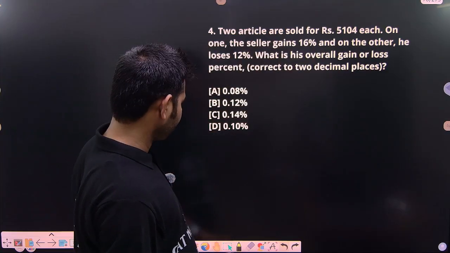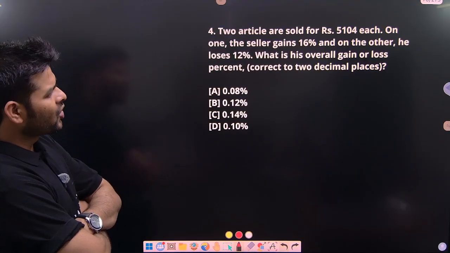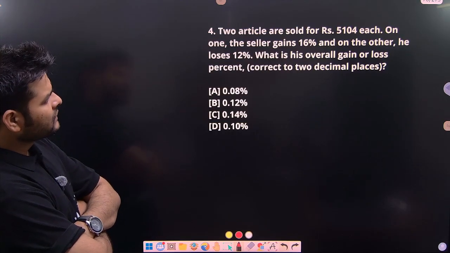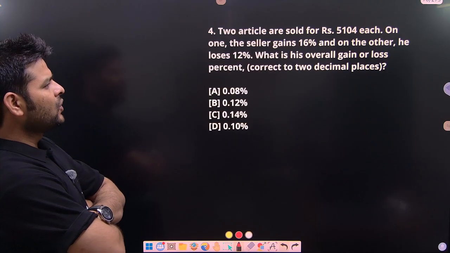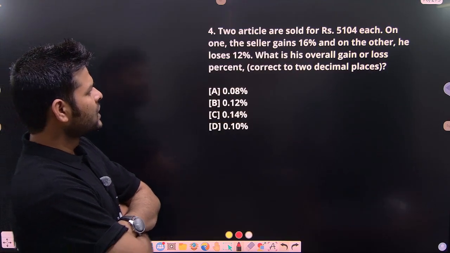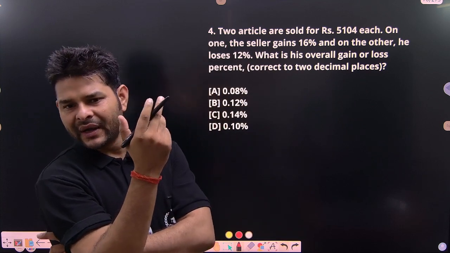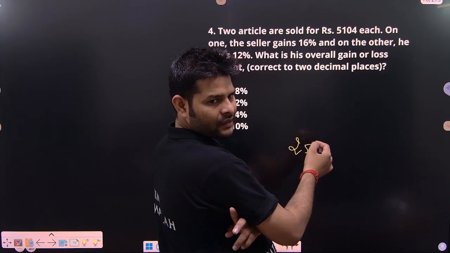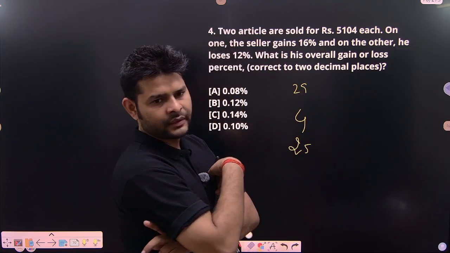Type 5 question 4 says 2 articles are sold for rupees 5104 each. On one the seller gains 16% and on the other he loses 12%. So 16% would be 4 upon 25. So 25 is your CP, 4 is your profit and 29 would be your SP.